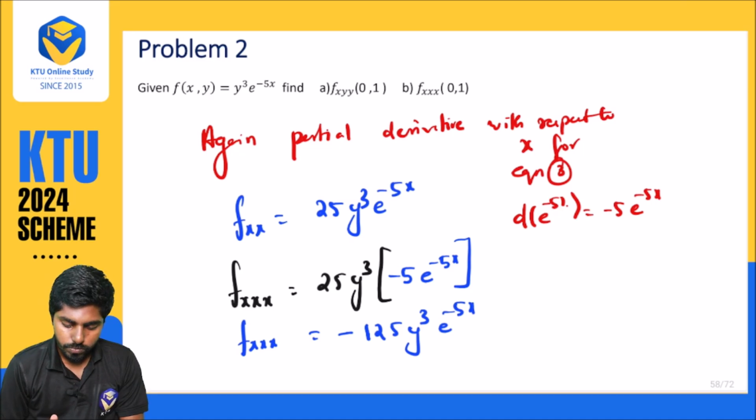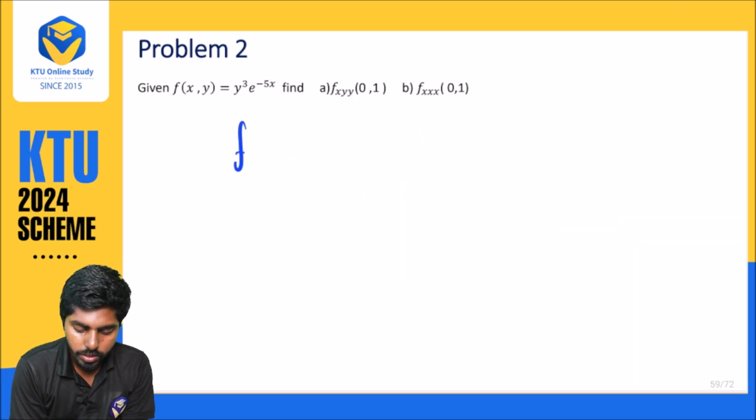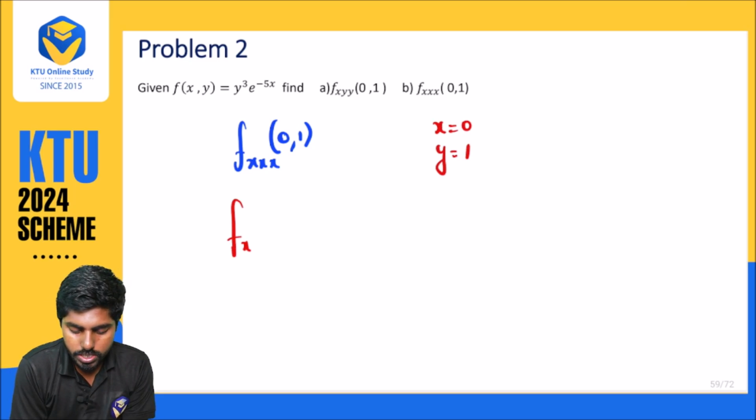Now what is the question they have asked? They have asked about f_xxx at the point (0, 1). That is x is equal to 0, y is equal to 1. Just substitute. We have minus 125 y cube e power of minus 5x.